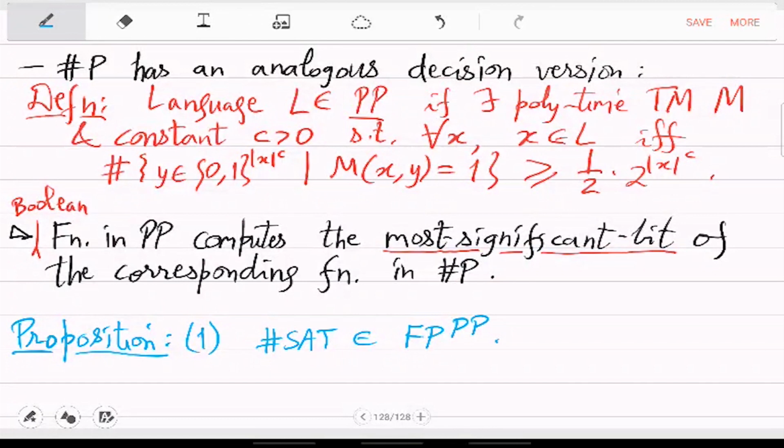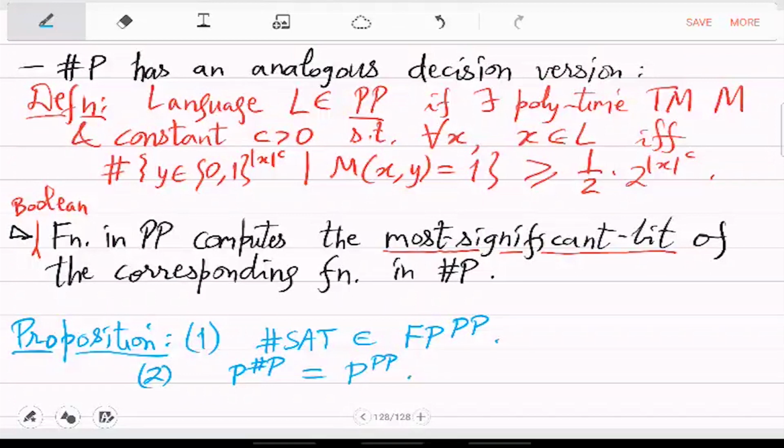Okay, that's an interesting consequence, and hence it would imply that if you can compute #P, then using that #SAT oracle, you can solve PP. Okay, so to a polynomial time machine, a #P oracle is equivalent to a PP oracle.